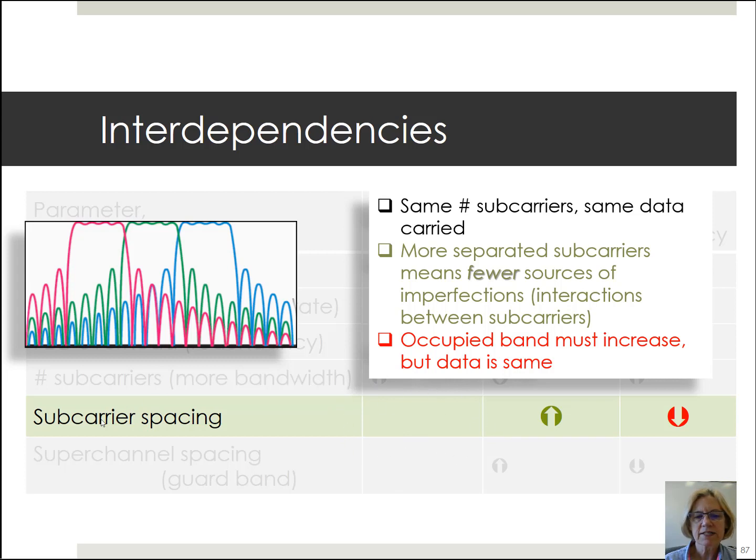More separated subcarriers would allow me, in this case, for the optical generation of OFDM, to have fewer interactions between subcarriers. So I might be able to make my transmission distance go a little farther. But of course, if I put more spacing here, the same data is going to be occupying more bandwidth, which means the spectral efficiency is actually going to go down.